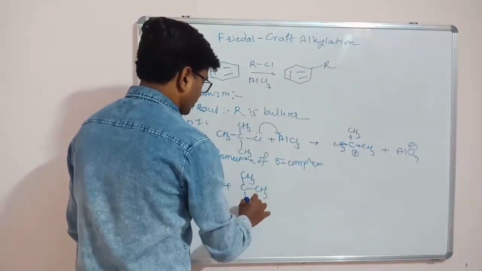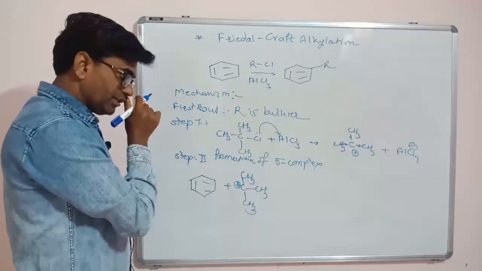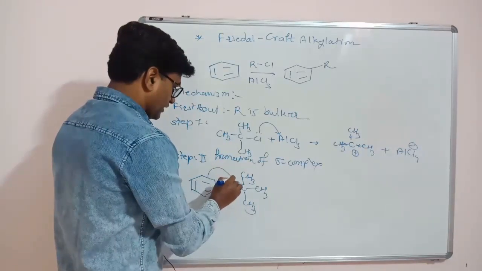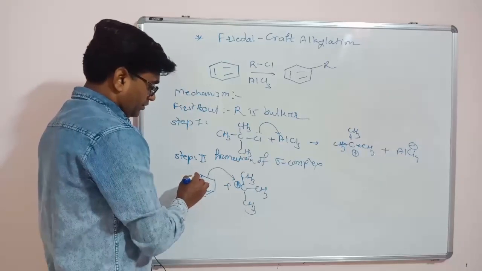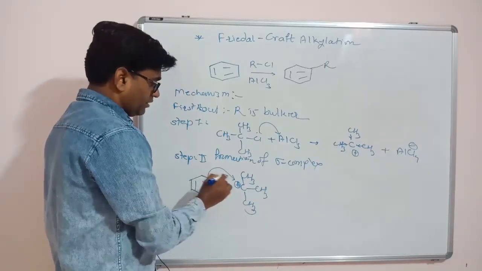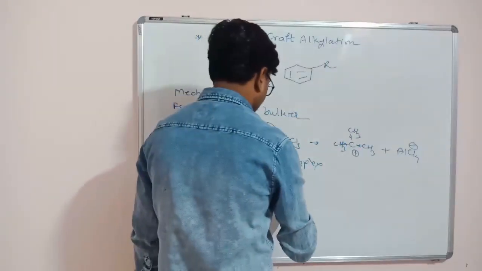The carbocation is electron deficient while our benzene is electron rich. So the pi bond is attracted by this carbocation. One of the double bonded carbons forms a sigma bond with this carbon, while the second carbon will be electron deficient.